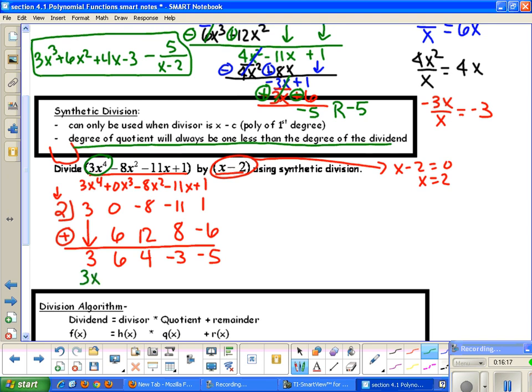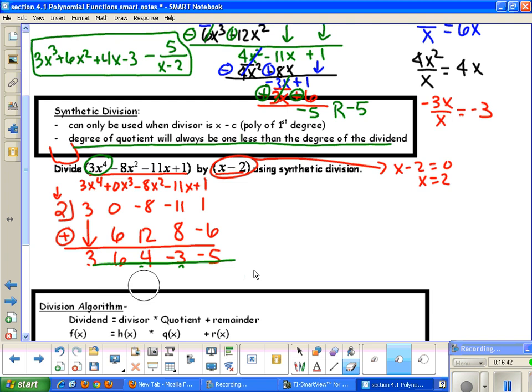So this becomes 3x cubed plus 6x squared plus 4x minus 6x cubed, sorry, minus 4x squared minus 3x minus 5. And you just go in order all the way down. So this right here, no, sorry, just kidding.